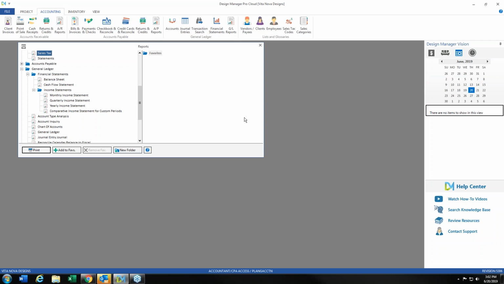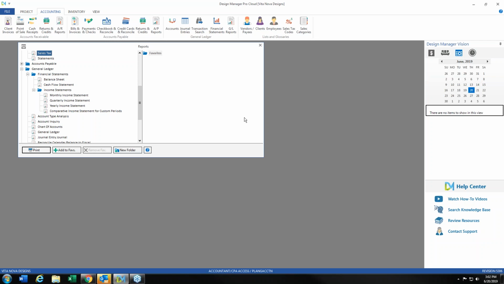At a minimum, the CPA should be asking to see a balance sheet and yearly income statement. And a good CPA would be asking for a comparative income statement. That's at a minimum, especially if it's a tax preparer CPA.